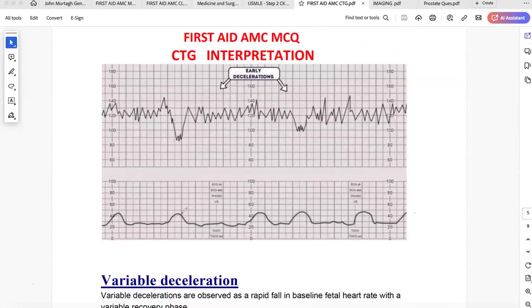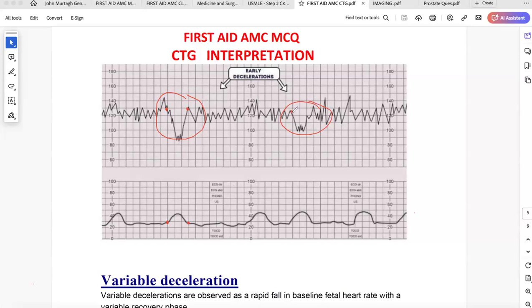If you look over here, this is where uterine contraction started, and you can see that this is a deceleration and this is a deceleration, right? And this is where the deceleration also started. So when deceleration starts with uterine contraction and ends with uterine contraction, that's called early deceleration.